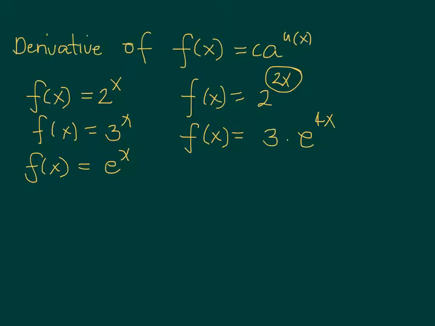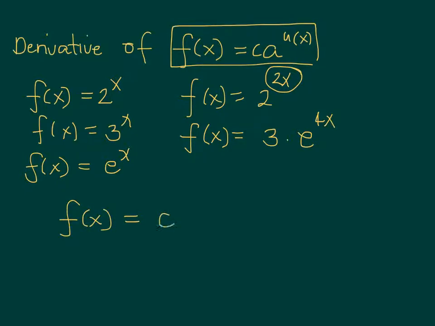Okay. So to start with the idea, if you want to get the derivative of a function, let's name our function f of x equals c times a to the u of x. Now c here can be any number, like 3, for example, and then there's a base a.